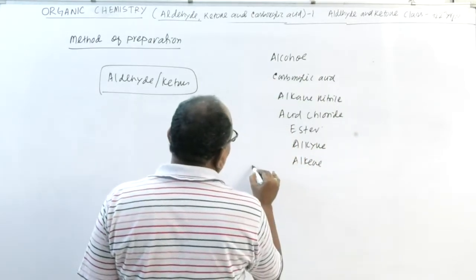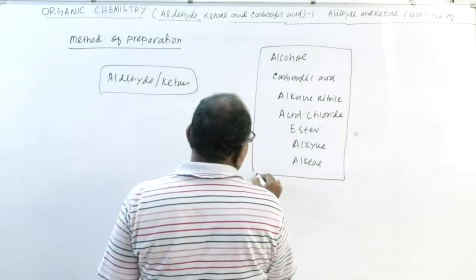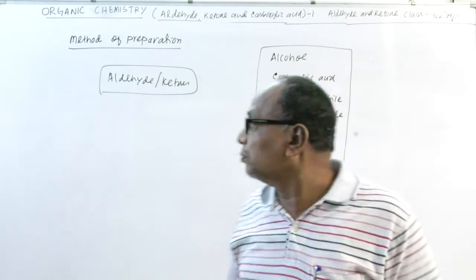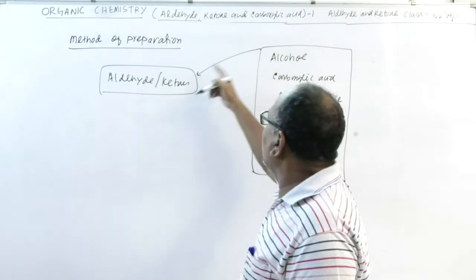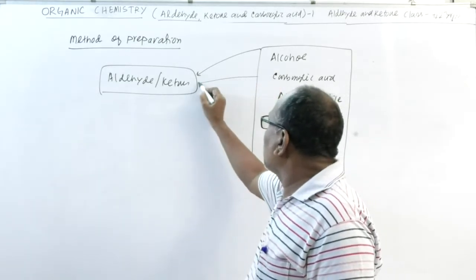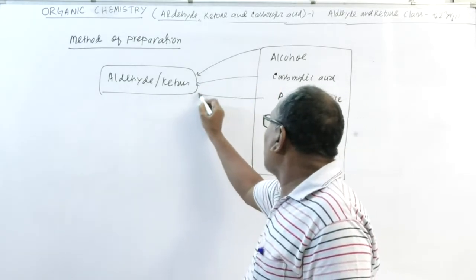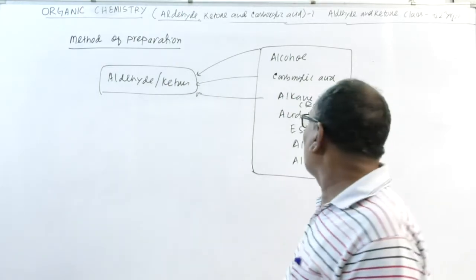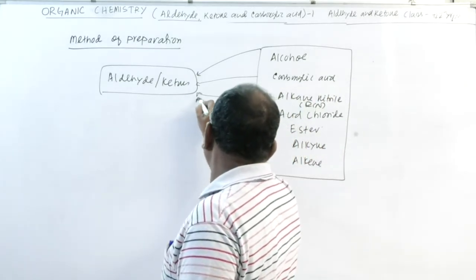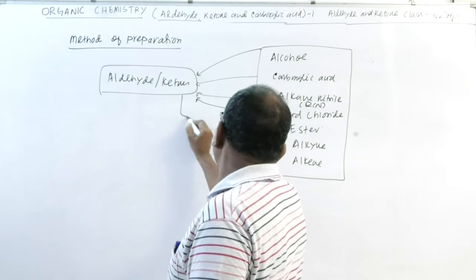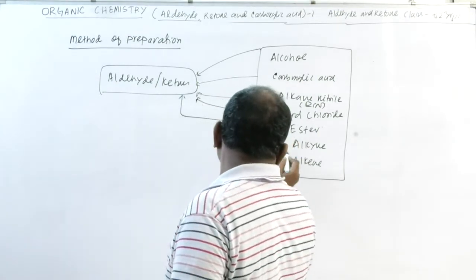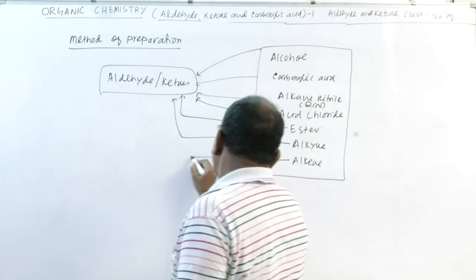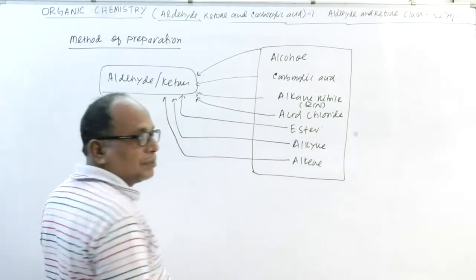So from these compounds, we can convert alcohol to aldehyde or ketone, which I will write in this way. Alcohol converts to aldehyde or ketone, carboxylic acid converts to aldehyde or ketone, alkane nitriles, what is that? RCN can convert to aldehyde and ketone, and acid chloride can convert to aldehyde or ketone, ester can be converted to aldehyde or ketone, and alkyne can convert to aldehyde or ketone, and alkene can also be converted to aldehyde and ketone.